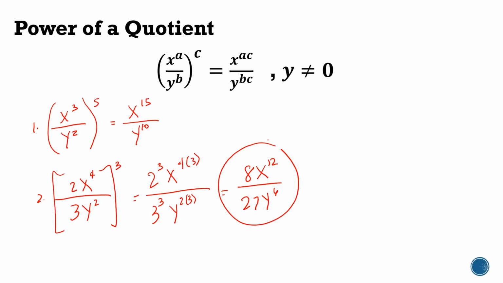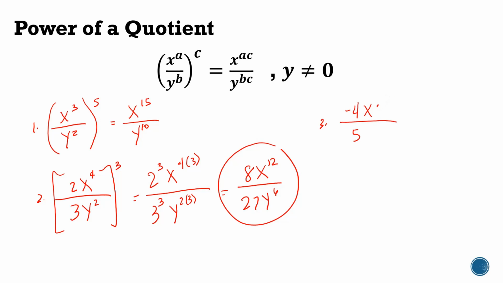Okay. One last example. Let's see, we have negative 4 over 5, and then x, y to the 4. Oh, yeah, it can have two variables here.